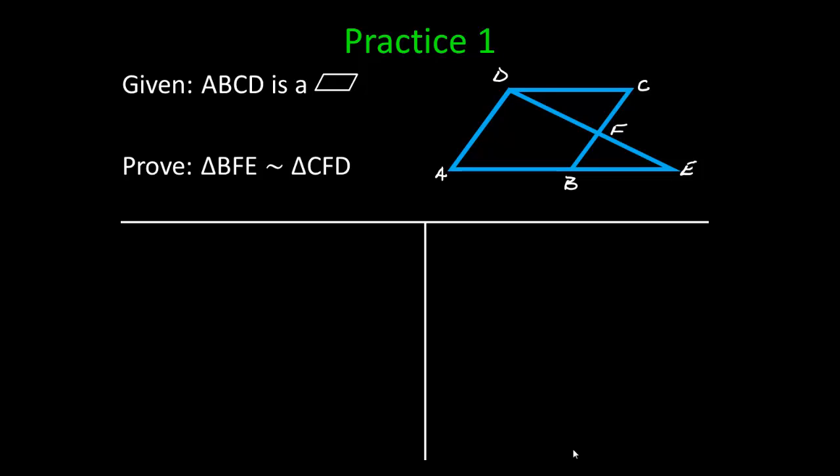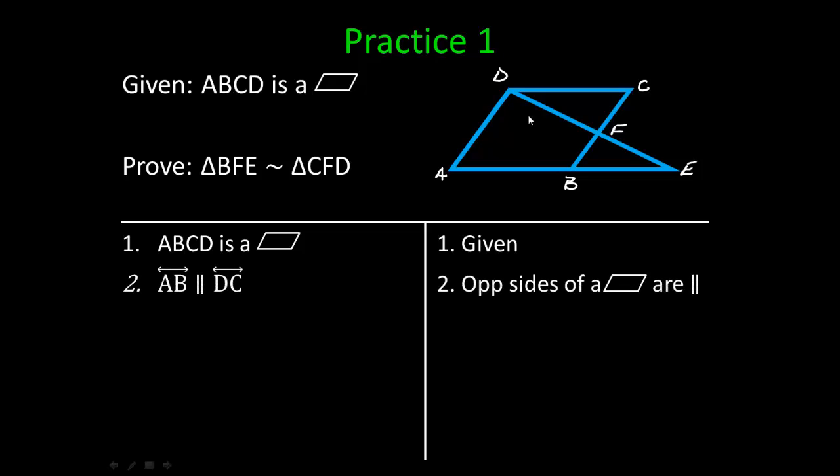So let's do a practice problem. We are given that ABCD is a parallelogram, and we need to prove that triangle BFE is similar to triangle CFD. So how do we do this? Start with your given. ABCD is a parallelogram. When we have a parallelogram, we have to take into account what we know about the properties of a parallelogram.